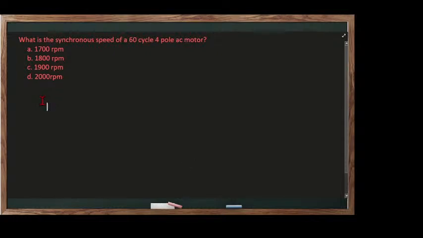Okay, so let's solve this. Solution. The formula we used earlier: the RPM, or N, is equal to, not pole but F, the frequency times 120 over the pole. Our frequency is 60 Hz or 60 cycle, while our pole is 4 poles.